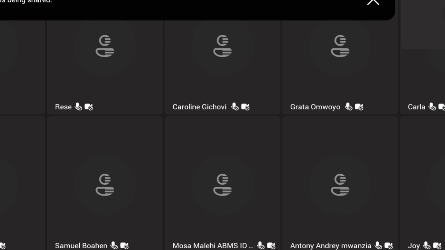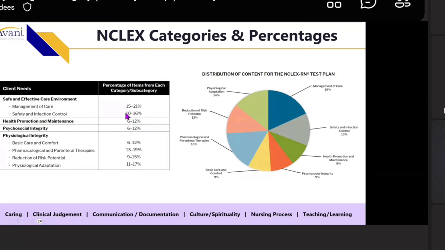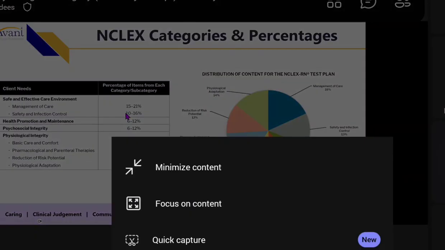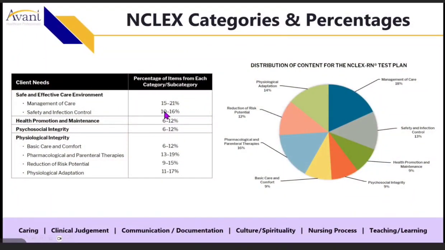And that means, let's say you're really, really good at safety and infection control. So every question they give you in that client needs category, you get it correct. You could end up with 10% of, let's say, I don't know, your exam closed at 128 questions. So 10% of those came from safety and infection control, the lowest level, because you did so good with them.